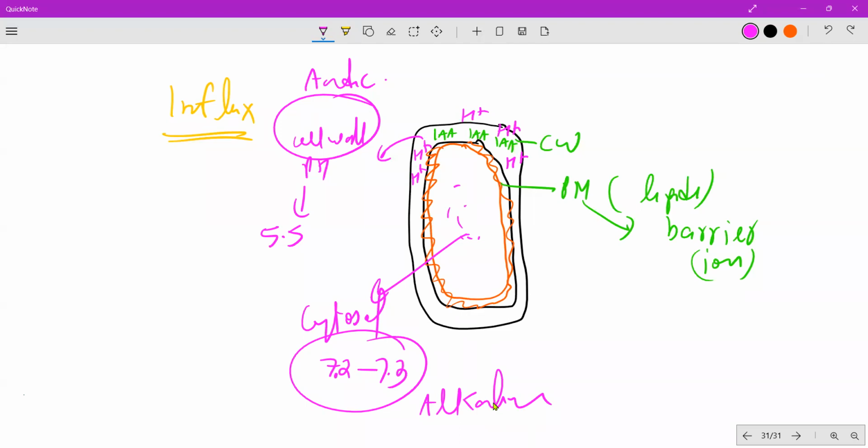So that means I can say what? Ki across the plasma membrane, there's a proton gradient which is maintained.